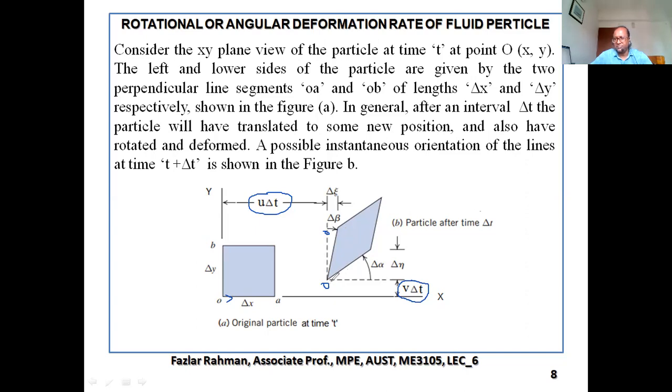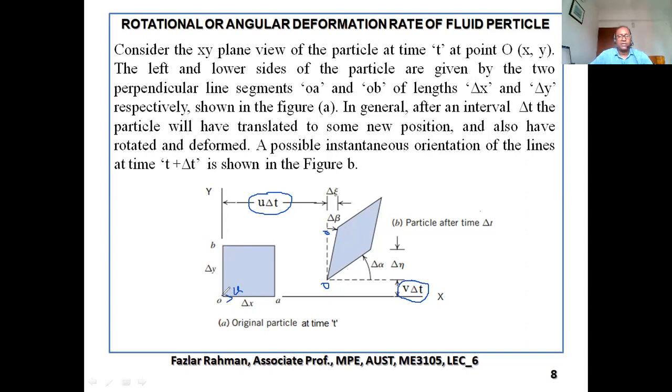What is the reason? Because O is traveling with velocity u, but B is traveling with a higher velocity, which is not u.